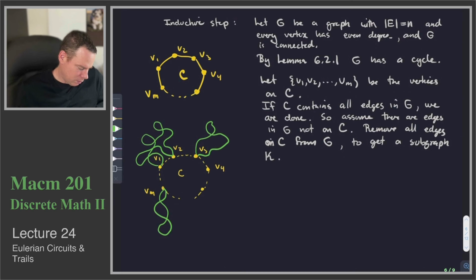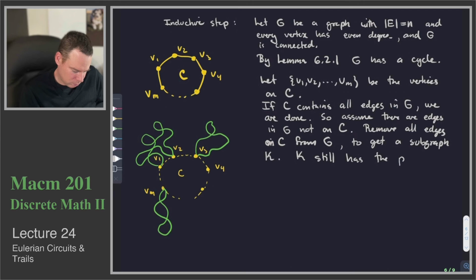It was just a part of the cycle and that was it. There were no other edges connecting to it. So this is what I'm thinking of. We remove all of the edges on our cycle C from our graph, and then our graph kind of falls apart. It's all the stuff that's still connected that forms these connected components. So we remove all the edges and we get our subgraph K.